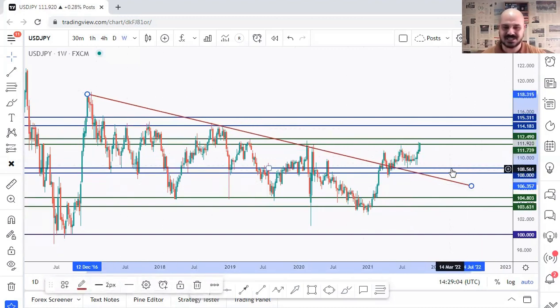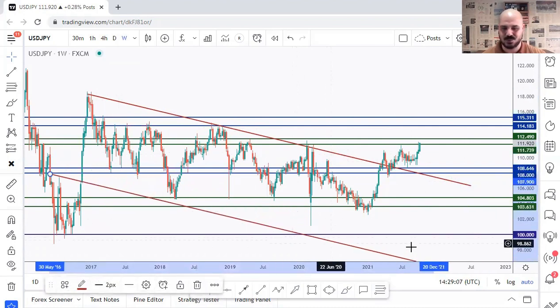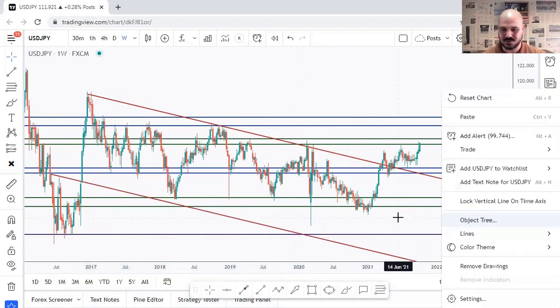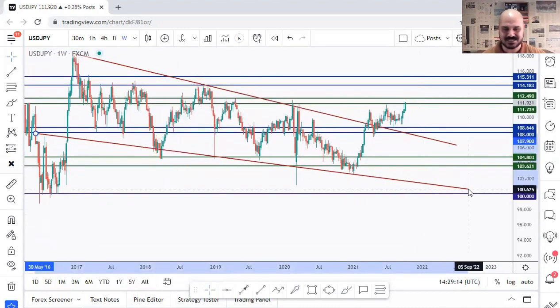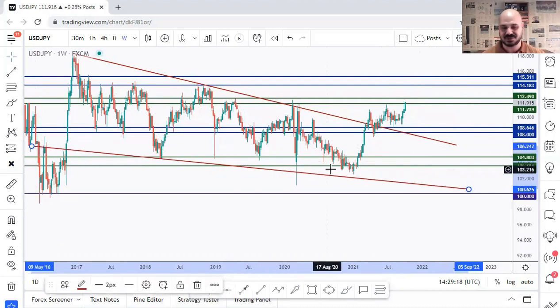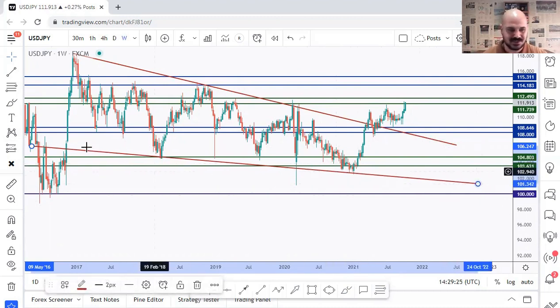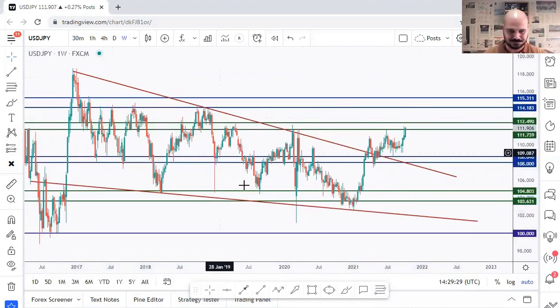So this channel or this trend line is better if you draw it as a wedge pattern like this to connect as many swings as possible. So always try to connect what I call the outer trend lines, which engulf the overall movement. So this is actually acting as a big wedge pattern.